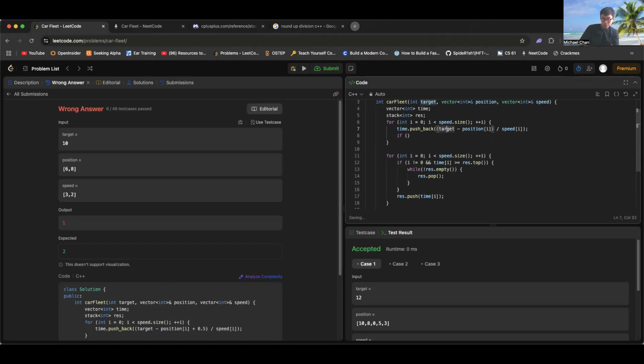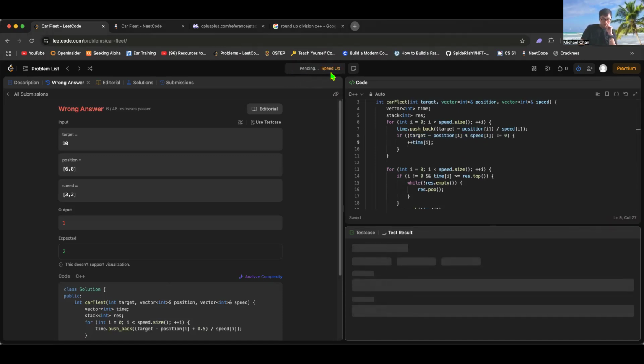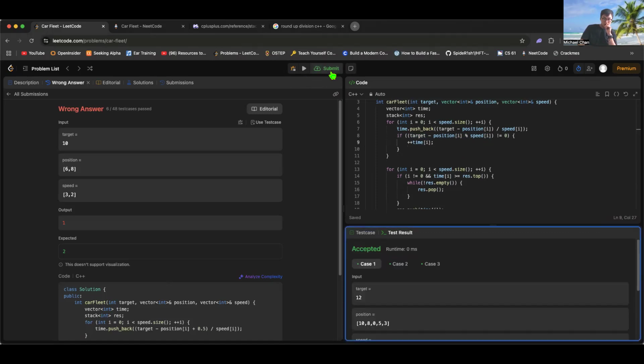If this is not equals 0, then, right, should work.